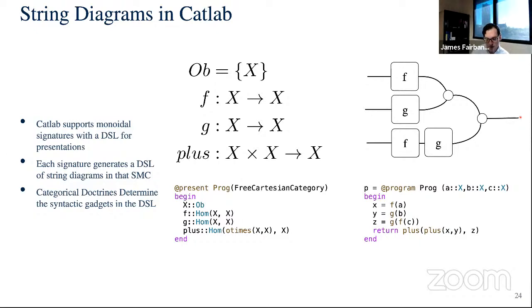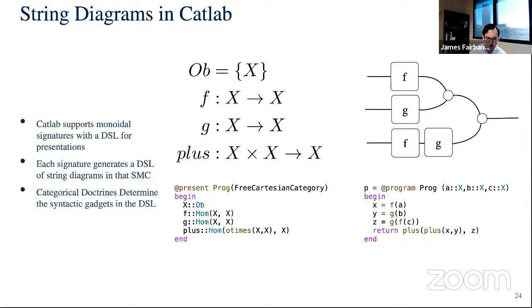And then there's the doctrine of category that you picked, here we picked free Cartesian. What that means is in this program, I'm allowed to reuse variables without an explicit copy. This language implicitly understands that if I reuse a variable, I would want to copy that wire. And that would be allowed.